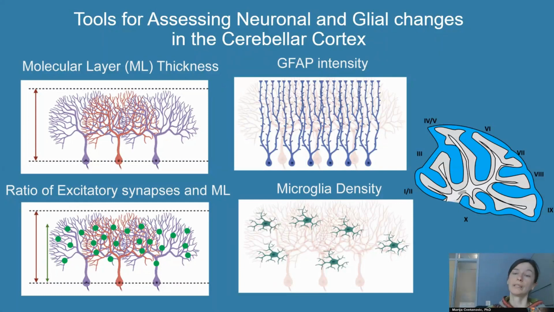So we count how many microglia we have in the molecular layer surrounding these Purkinje cells that degenerate. And then we do it throughout the cerebellum, so we do a whole cerebellum image in the vermis. Here is showing you a little bit better. These are anterior lobules, 1 to 5, and 6 to 10 we consider to be posterior lobules.